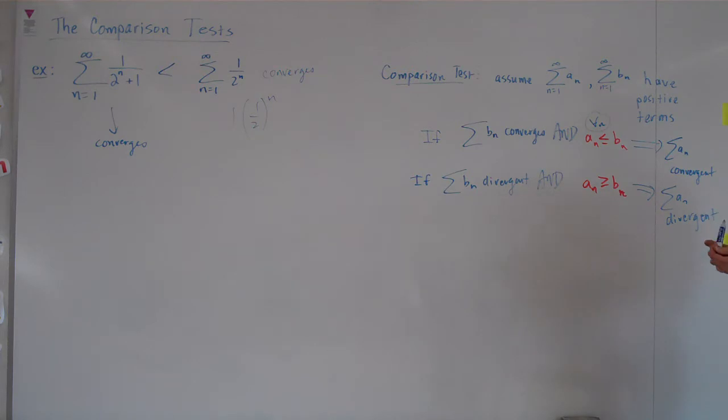Probably 2 or 3 minutes ago I said, the first one, the way I phrased it was, if you're bigger than me and you converge, I converge. That's what this one says. This one says, if I'm bigger than you and you're divergent, then I'm divergent as well.